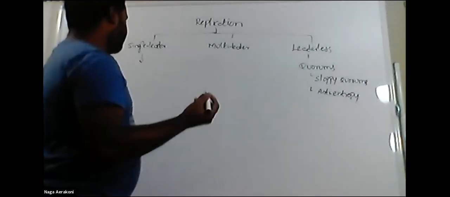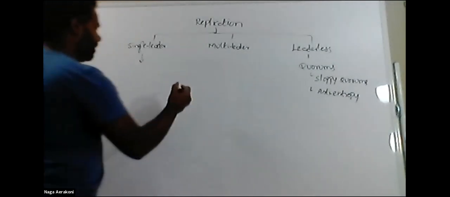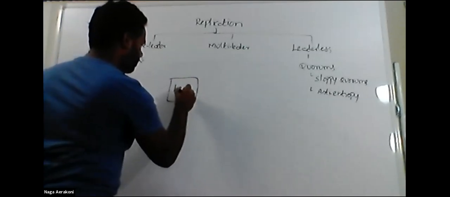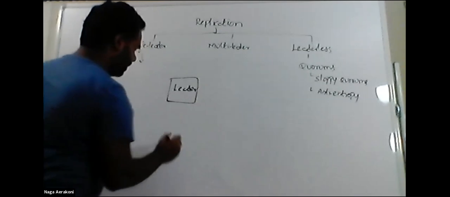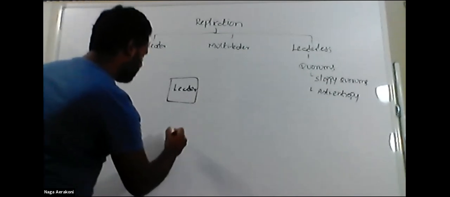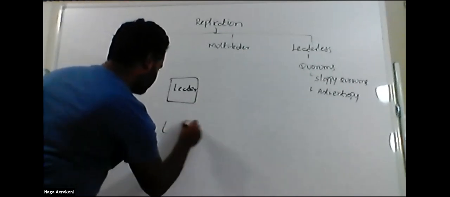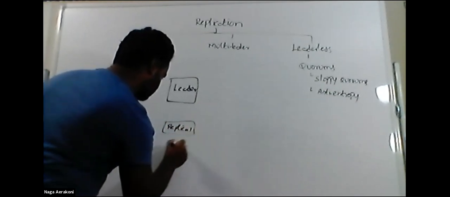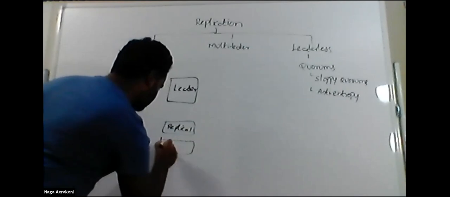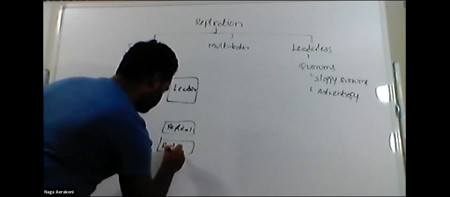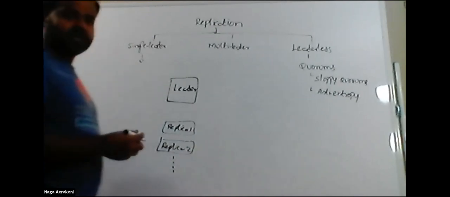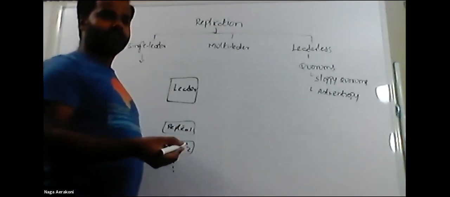The concept of single leader is that you have only one leader, and you have many replicas, say this is replica 1 and replica 2, and you can have as many as your system needs.